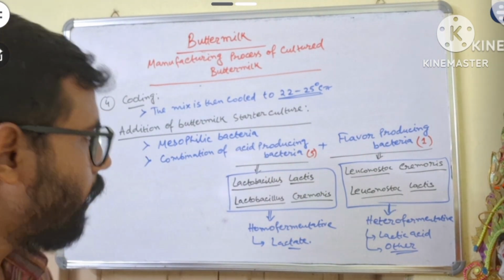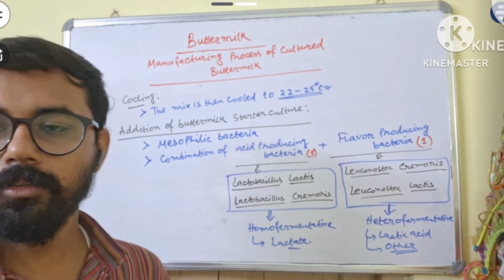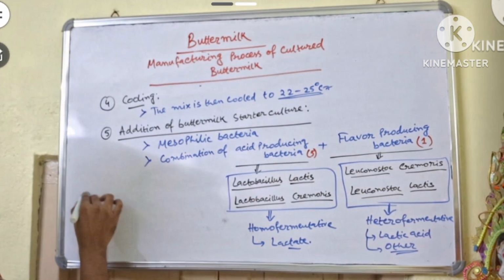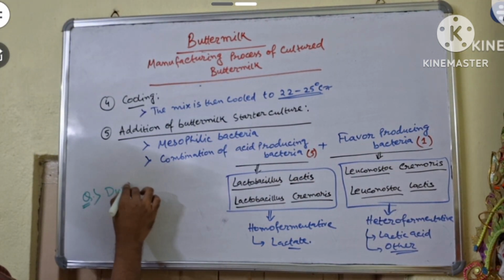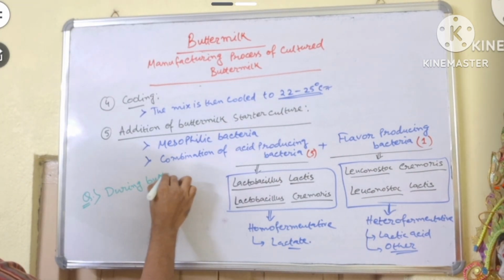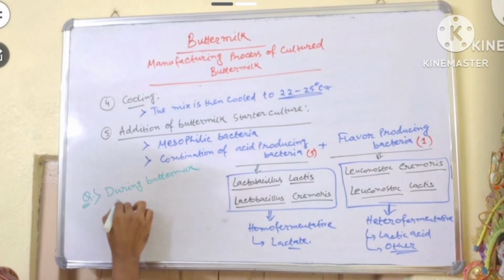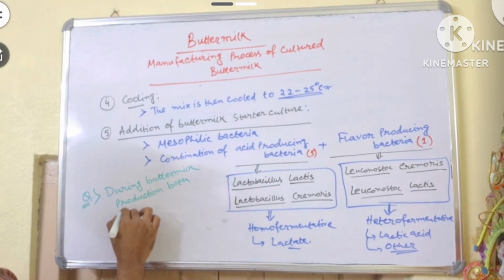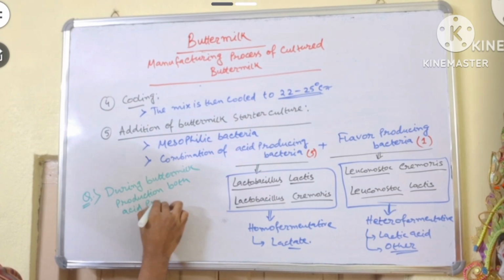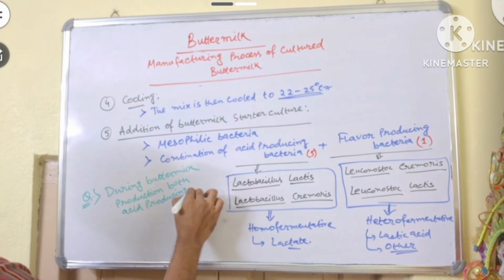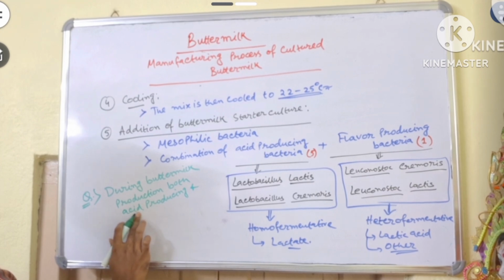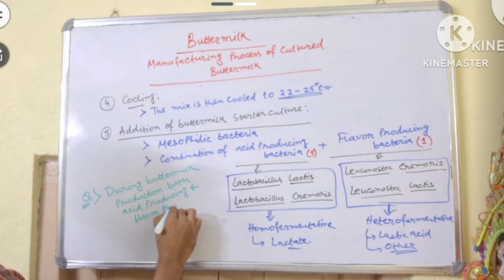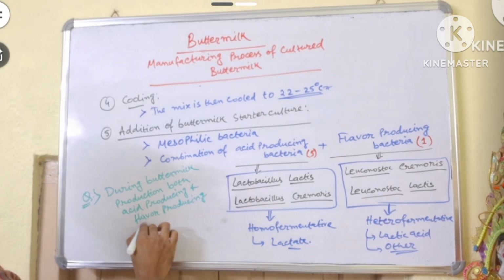So the question can become: why are both types of bacteria used during the manufacturing of buttermilk? Question: during buttermilk production, both acid producing and flavor producing bacteria are used.